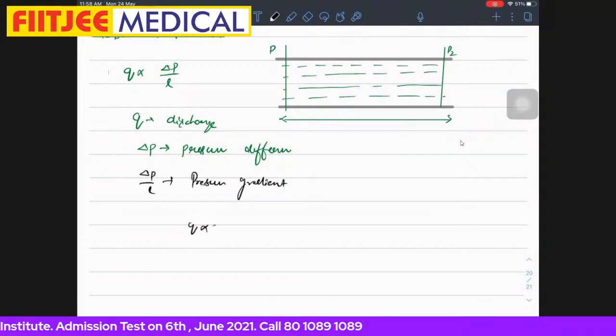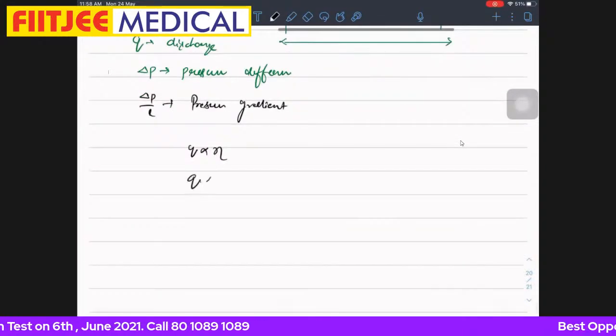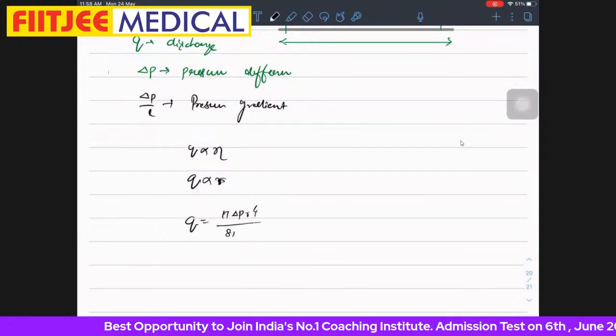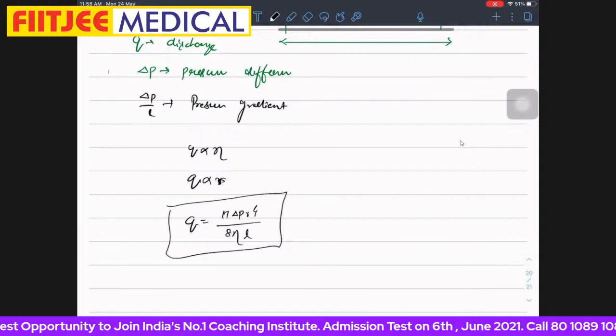Q is also proportional to 1 by neta, and Q is also proportional to R to the power 4. Combining all these, we get the equation pi delta P R to the power 4 by 8 neta L. This is the equation Poiseuille has given.